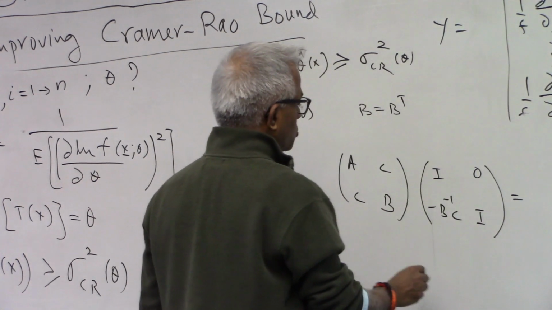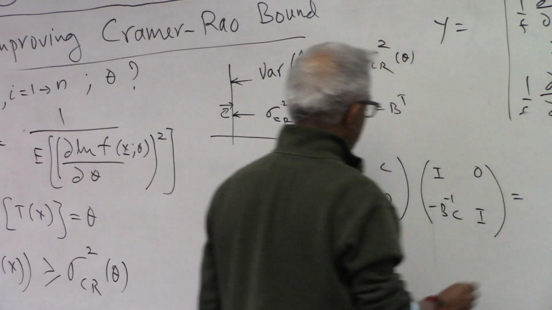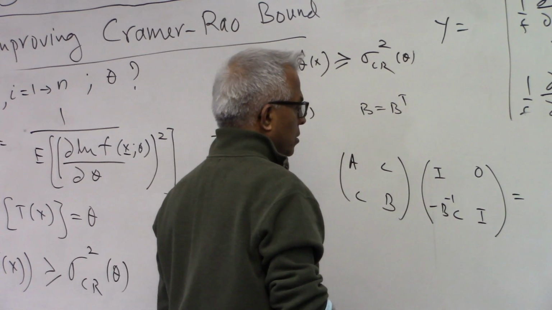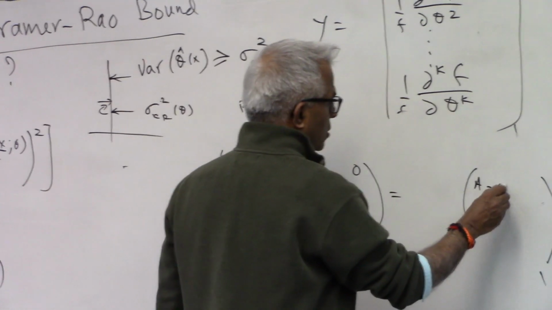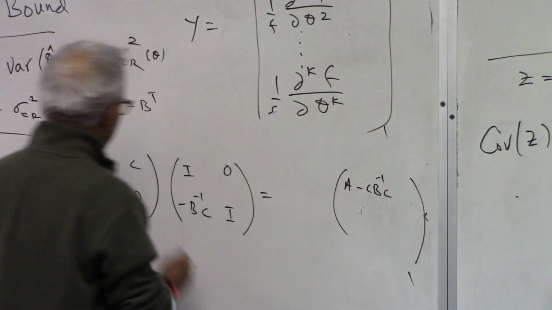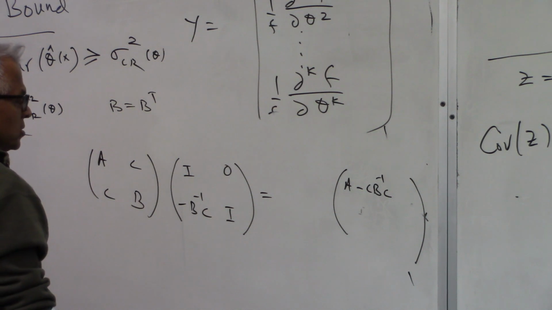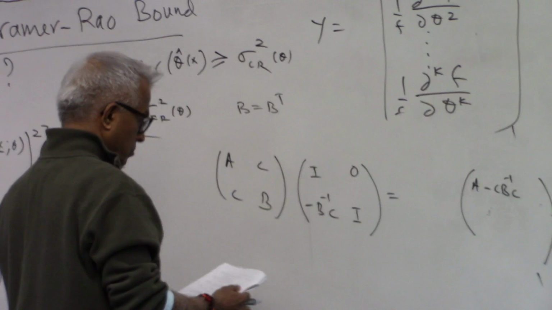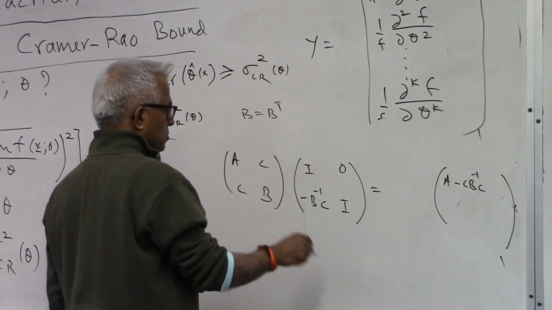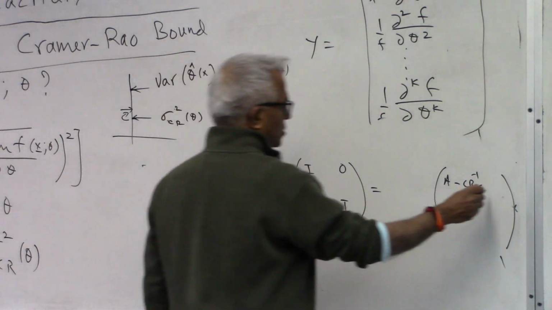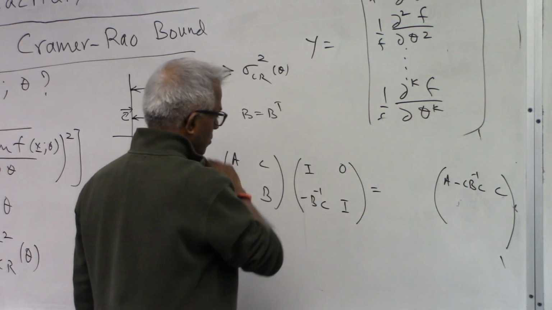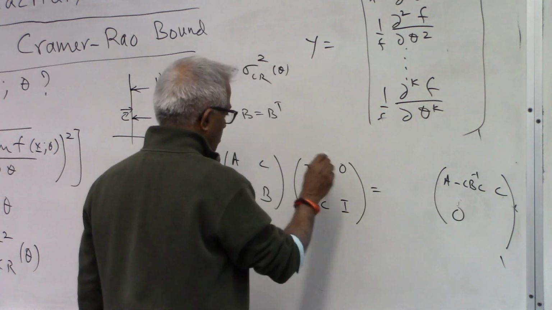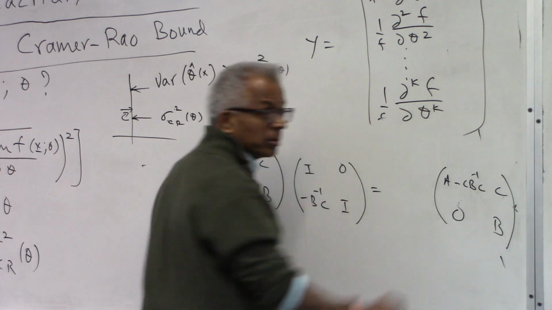If I multiply this, what do you get? Quickly, A minus C B inverse C is multiplied by this is C, right? And here 0, and this multiplied by B, right?